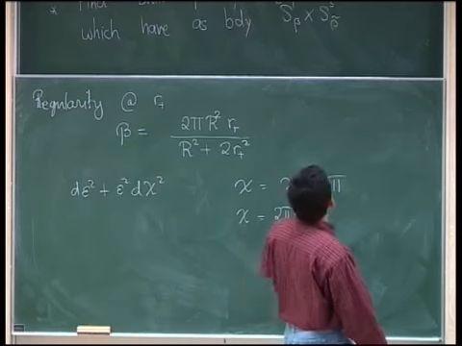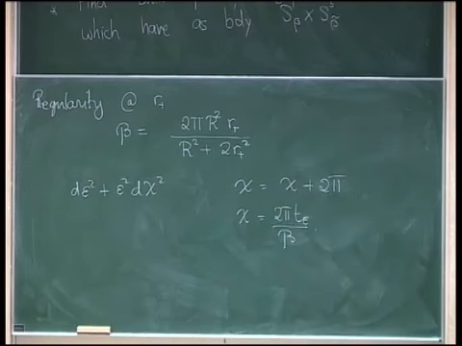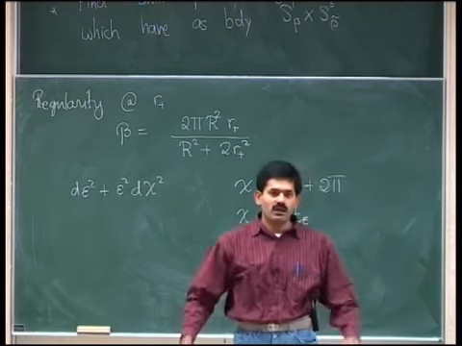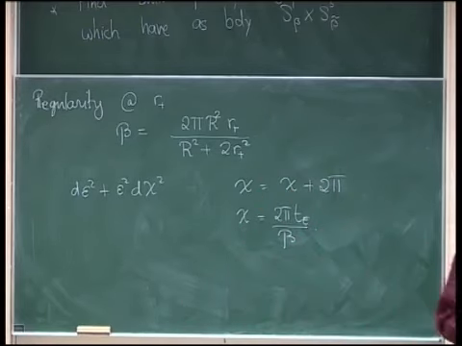And let's step back a moment and think about where these two geometries come from. The thing is, I have a boundary which is S1 cross S3, and I want a 5 manifold which has this guy as a boundary.